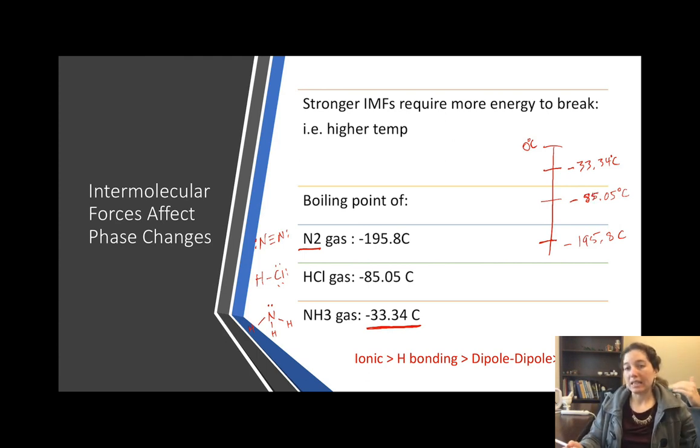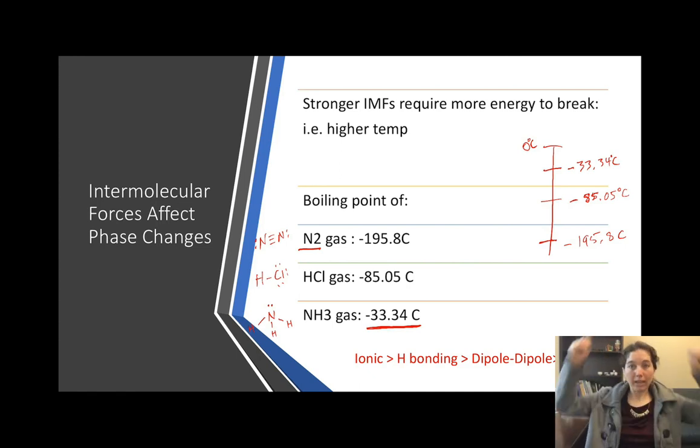There's a reason that these things are in this specific order. There's a reason why nitrogen boils at a really low temperature and our ammonia gas, the NH3, boils at a higher temperature, even though it's much lower than water. This is because of intermolecular forces. Remember, when you go from, say, a liquid to a gas, the molecules spread further apart, and we have to break these attractive forces.